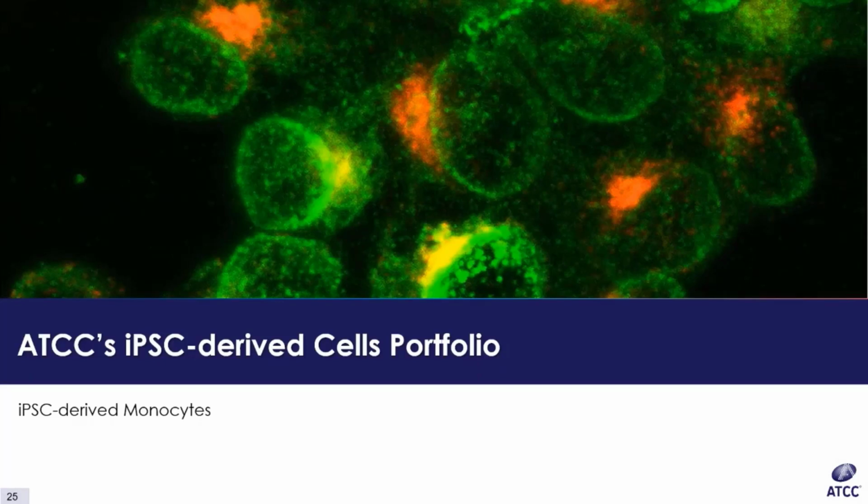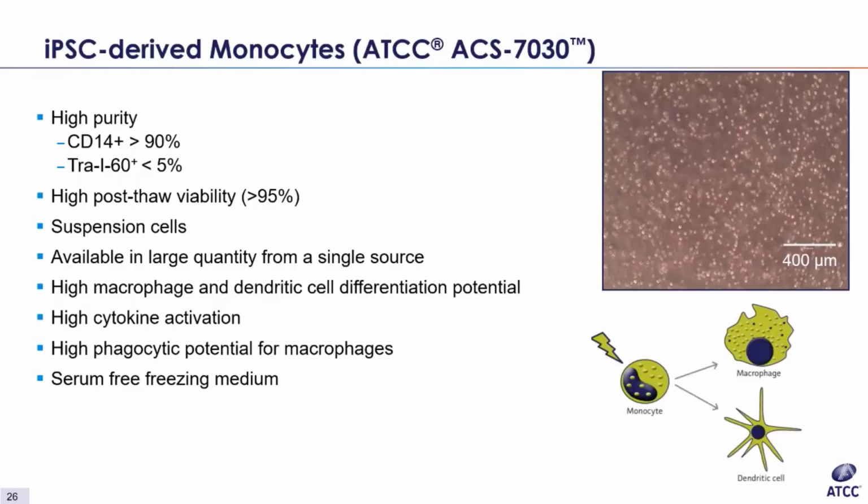All right, I've showed you the first two products in the iPSC-derived portfolio. Here's the final product that we offer. The iPSC-derived monocytes. ATCC product number ACS-7030. These cells are derived from ATCC's iPSC foreskin fibroblasts.